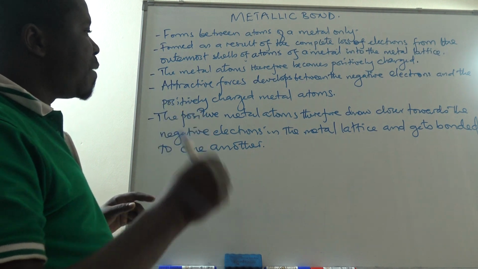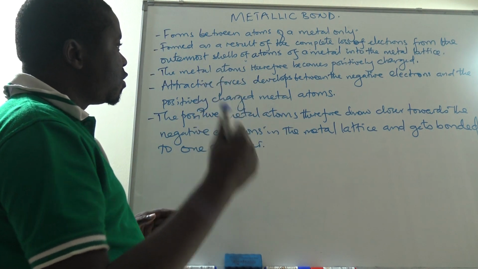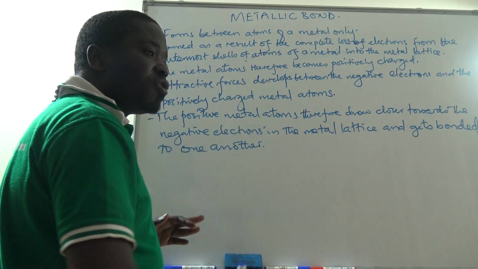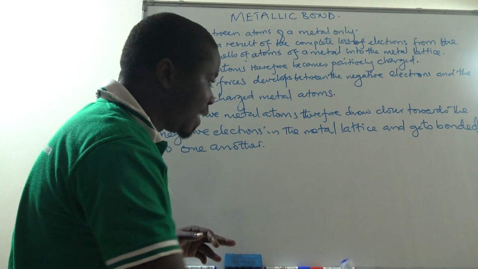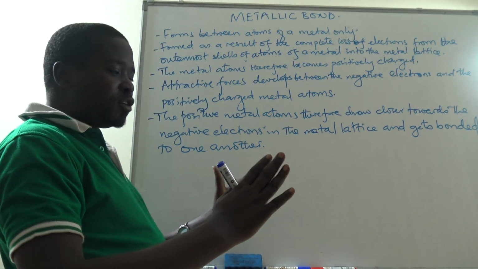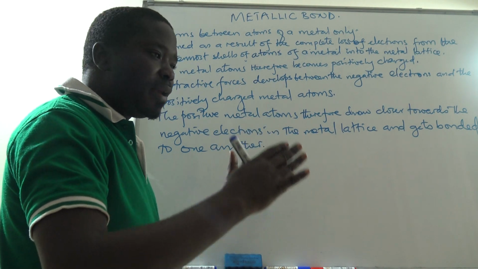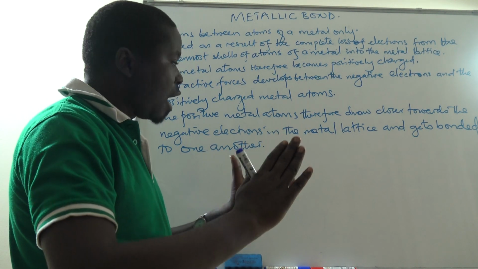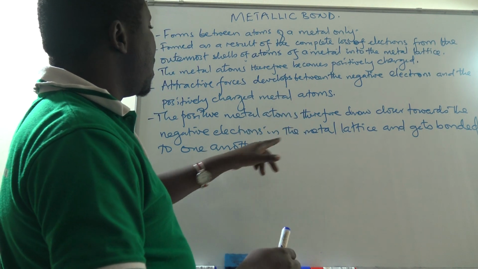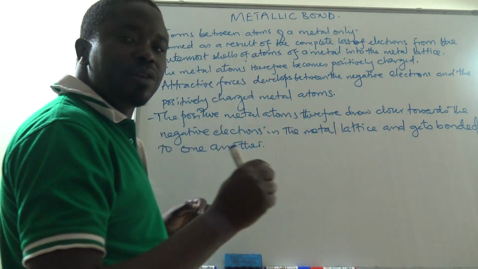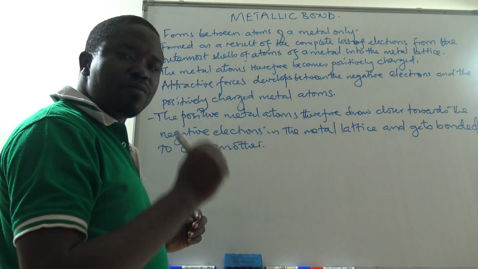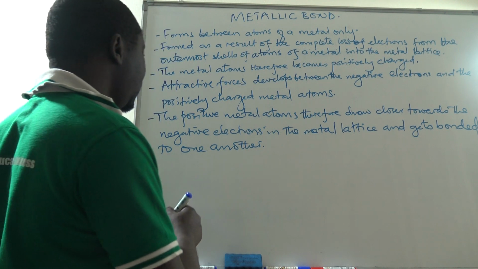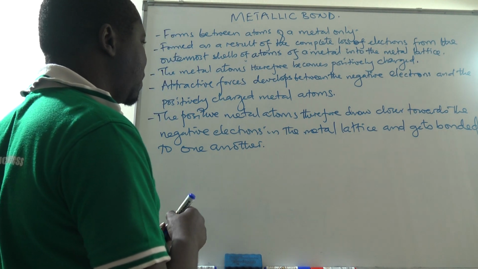The positive atoms draw closer to the negatively charged electrons, narrow the distance between them, and eventually get bonded. When they get bonded, they form metallic bonds. That's why metals normally are solids at room temperature, because the atoms are densely packed because of the metallic type of bonding. So that's how a metallic bond is formed.